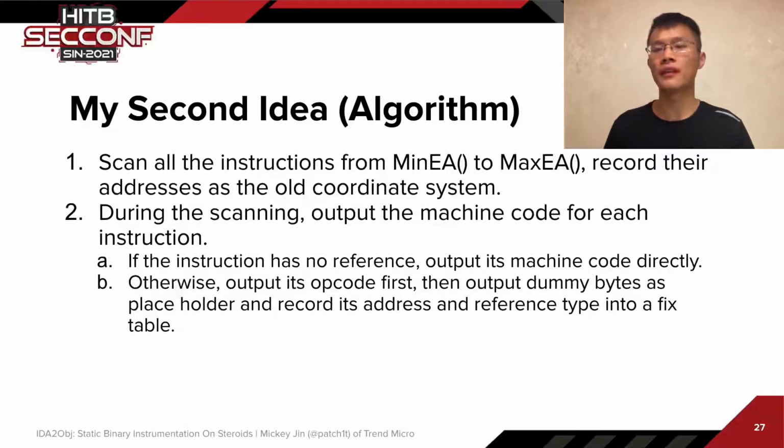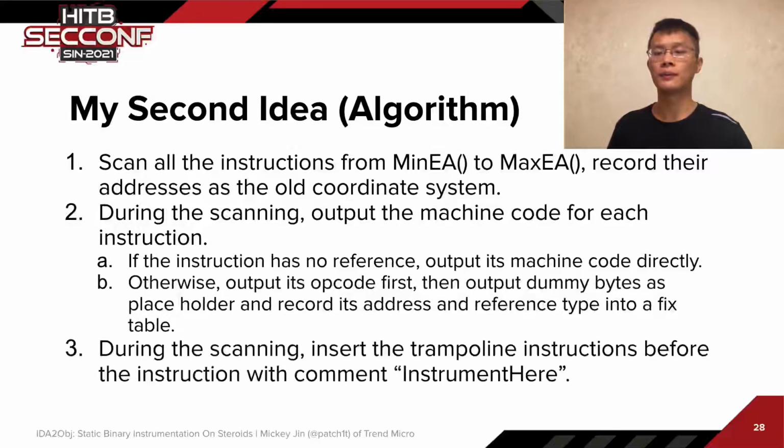Otherwise, output the opcode first. Then output dummy bytes as a placeholder, and record its address and reference type into a fix table. During the scanning, insert the trampoline instructions before the instruction with the comment hint "instrument here".